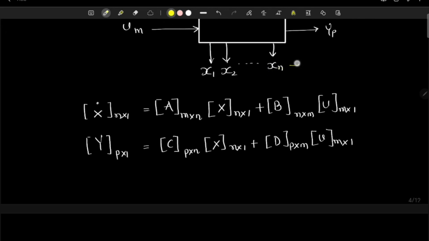So these are the state variables and this is the state vector.